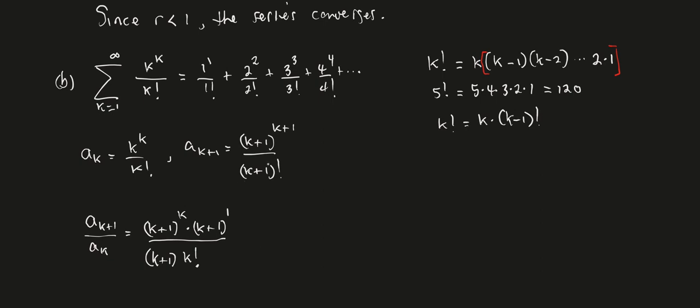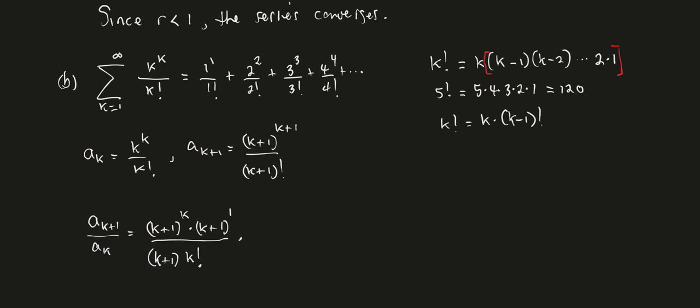So this can be factored as k plus 1 times k factorial, and then we're going to multiply by the reciprocal of a sub k, because we have to divide by it. So I'm going to multiply by k factorial over k to the k.